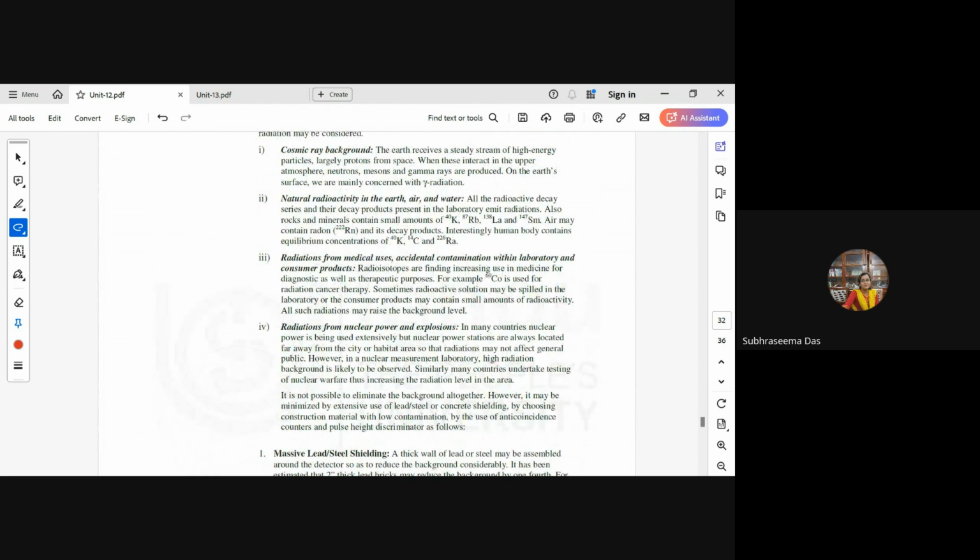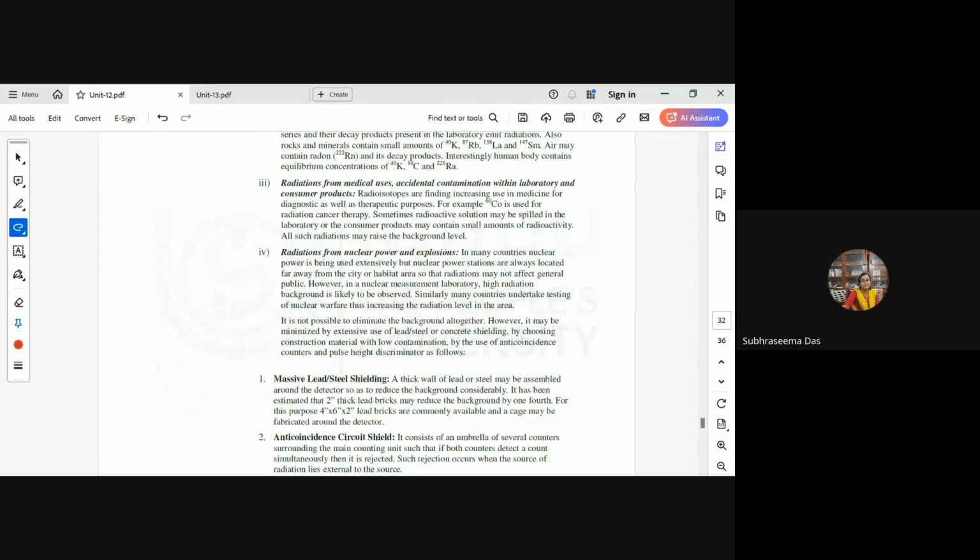Radiations from medical uses, accidental contamination within the laboratory, and consumer products have also given rise to an increase in the background level. Then comes the major source of increase in radiation, that is from nuclear power and explosions, which contribute largely to the increase in background radiation activity.